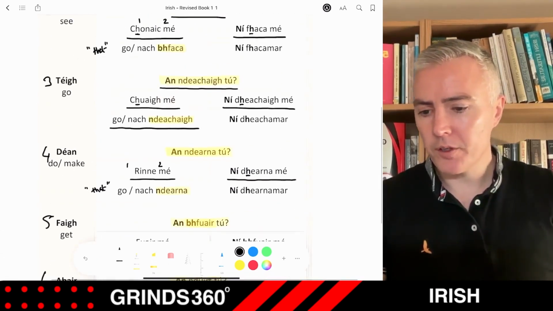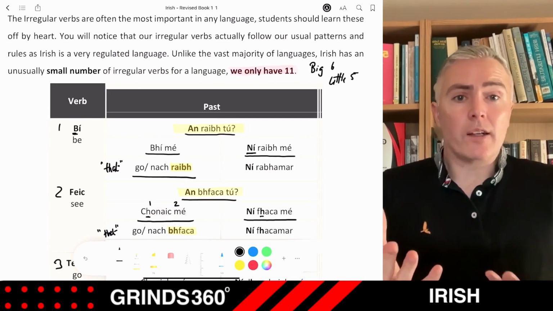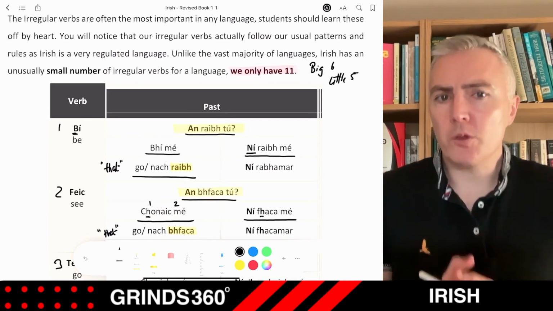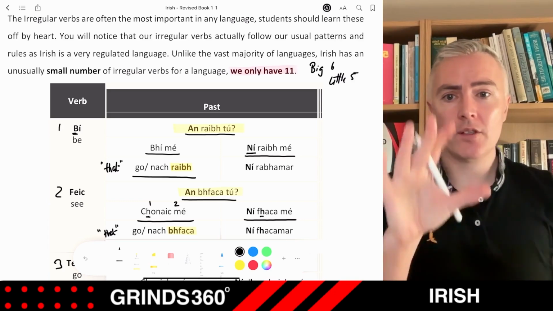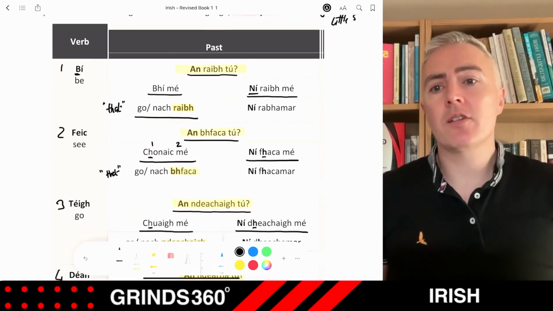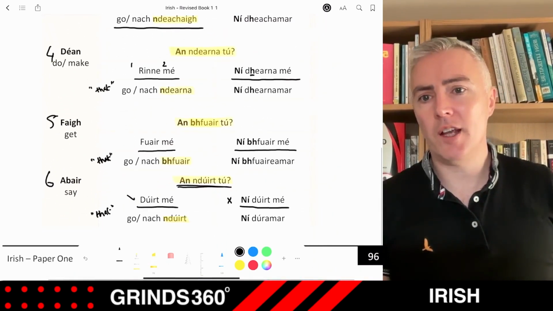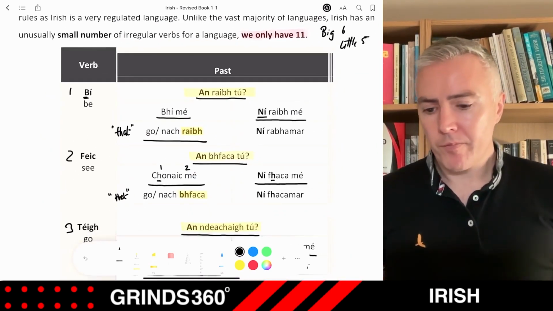So let's have a look at this, right? Our irregular verbs, they're irregular, but there's only 11 of them. And we can break that 11 down into the big 6 and the little 5. So on the first page you have your big 6. You have be, fec, te, dein, fi, and aber. But here's the good thing.